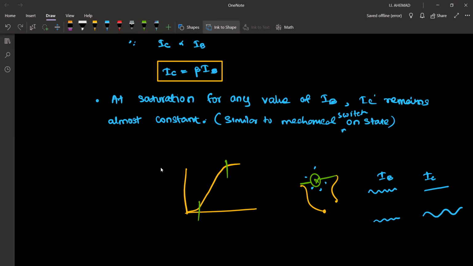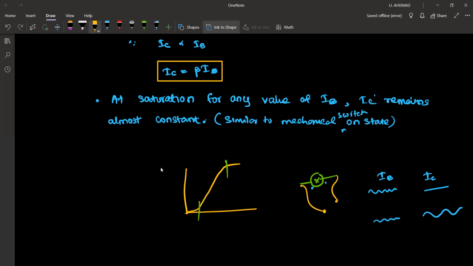So will the bulb glow continuously? Instead of glowing continuously, it will blink, right? It will blink according to this pattern. That is why we are not using the active region for the mechanical switch on state, but we are using the active region for amplification purpose.